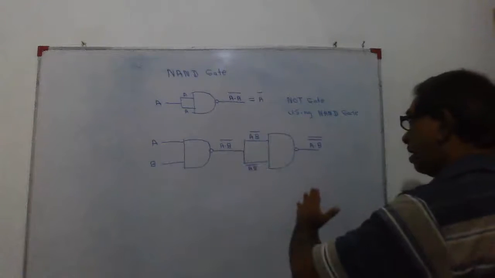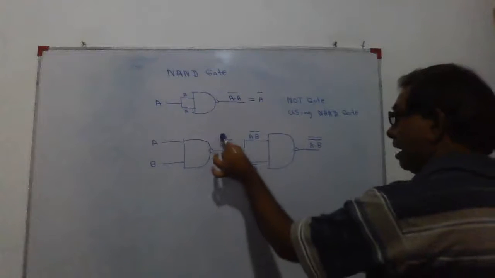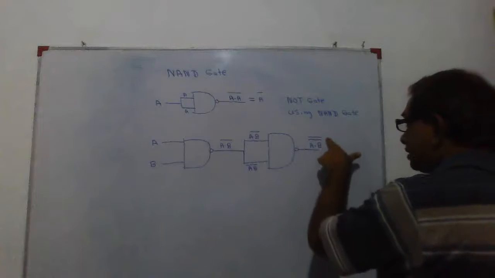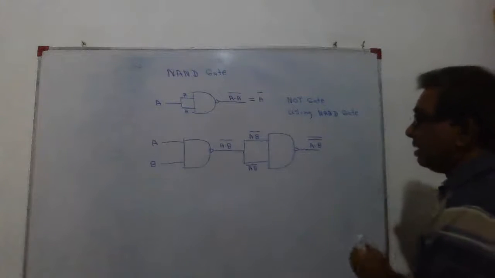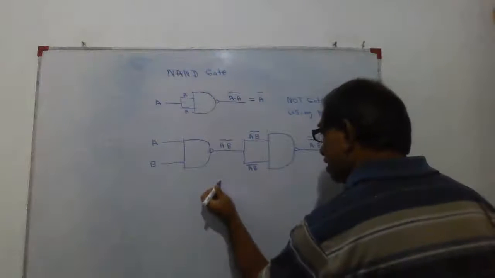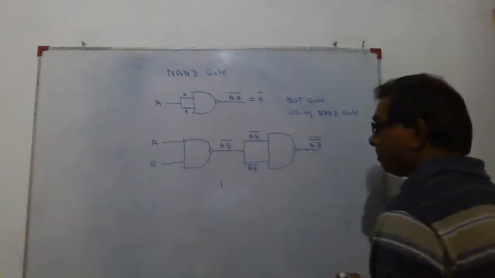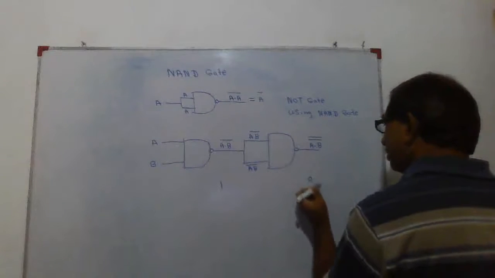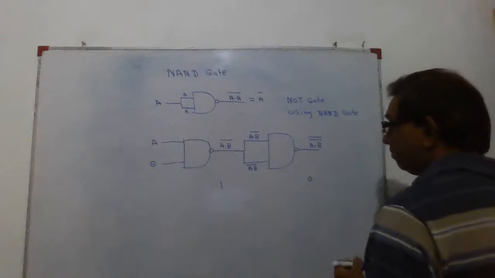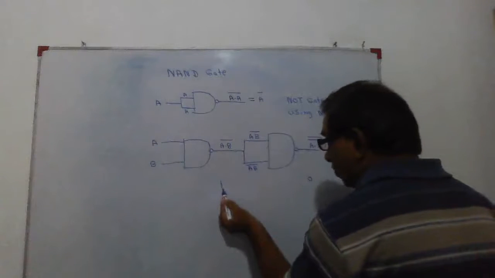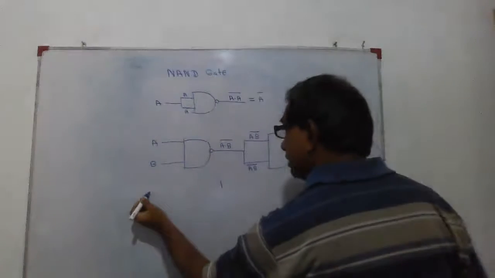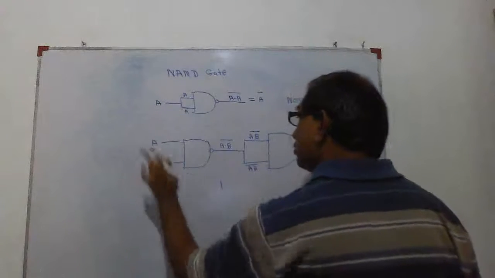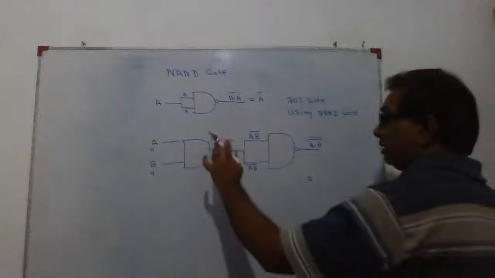So then we can remove these two bars, because A and B bar can be A and B double dash here. Suppose you have taken 1 as A and B bar, what is the opposite of that? That is 0. But here, if you want to take 1, you should input 0 from both. See? 0 into 0, 0.